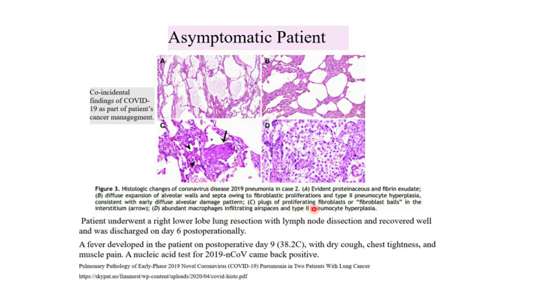C, plugs of proliferating fibroblast balls in the interstitium. So here it is, plugs of fibroblasts there. And D, abundant macrophages infiltrating air spaces in type 2 pneumocyte hyperplasia. So again, notice different changes at the same time.